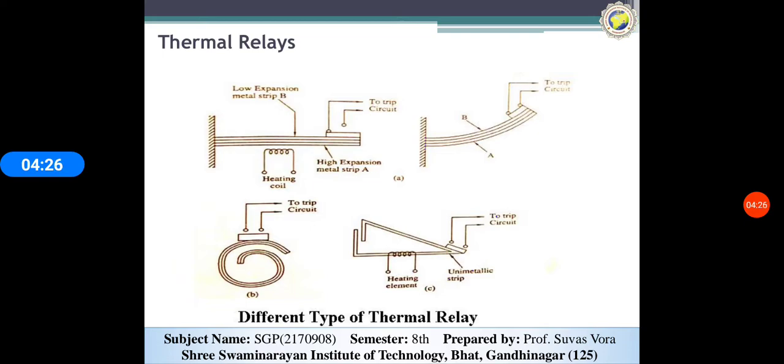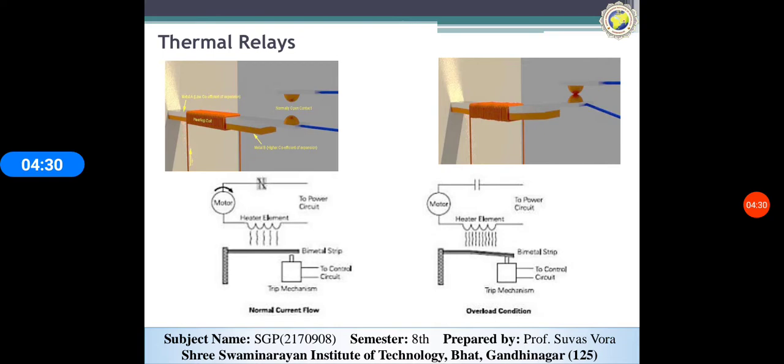Here the heating coil is kept near the strip, and the heating coil can be heated directly by passing the actuating current. When a fault occurs, the temperature is high and heating starts, so the strip bends to close the contact.